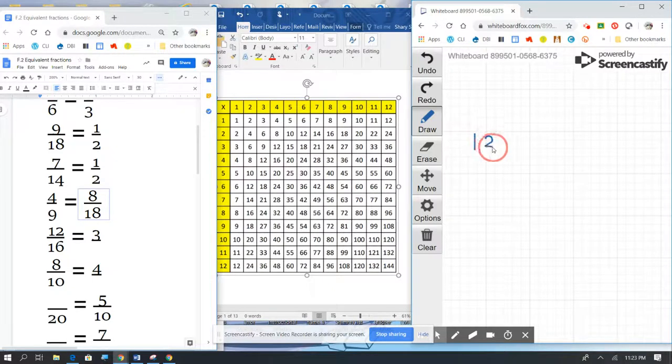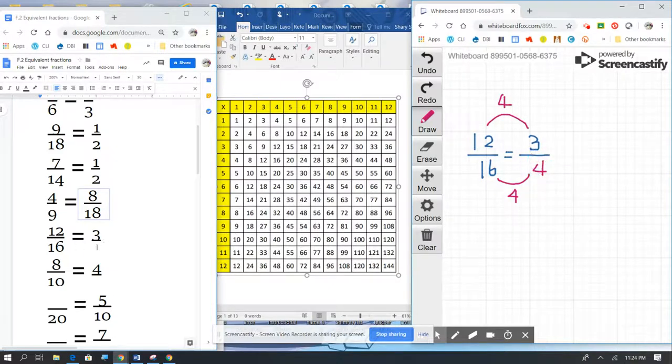12 over 16 equals something over 3. Again, let's look at the relationship here. This is what? 4. 3 times 4 is 12. So what times 4 is 16? So it means 4, right?